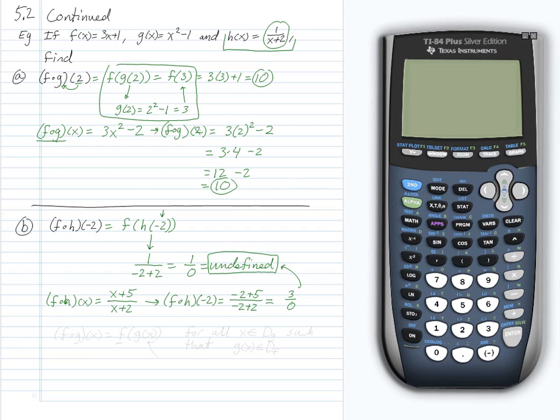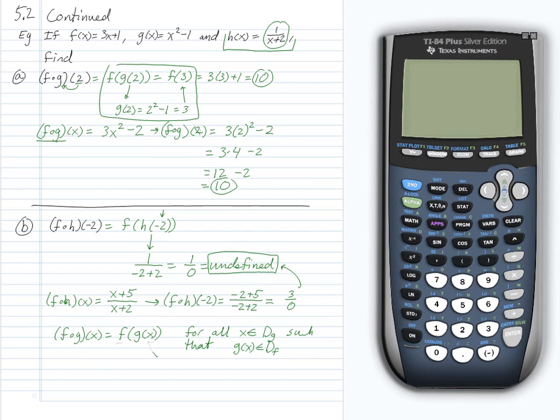It is a subtle little thing, but f composed with g of x is what we get when we plug g of x into the function f, and the domain of this is going to include all x in the domain of g, such that g of x is in the domain of the outer function.